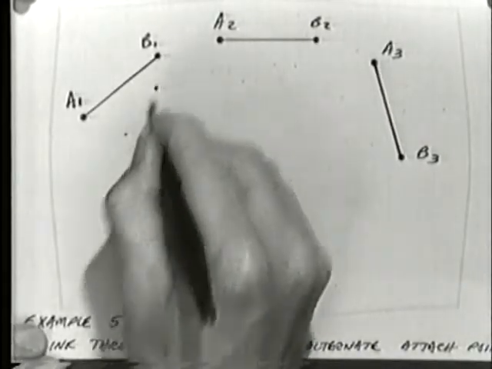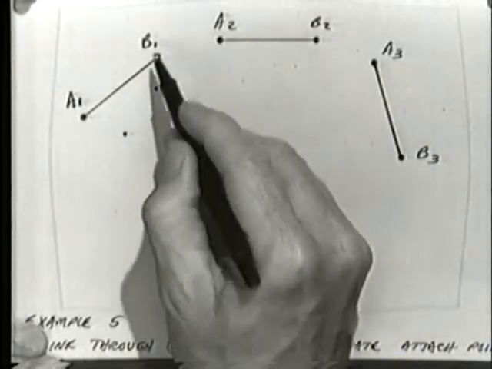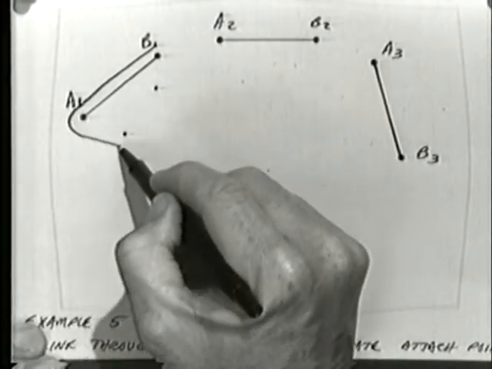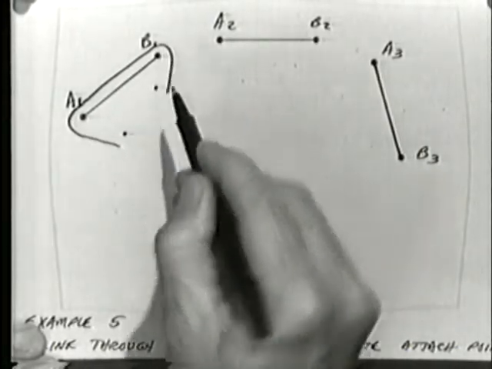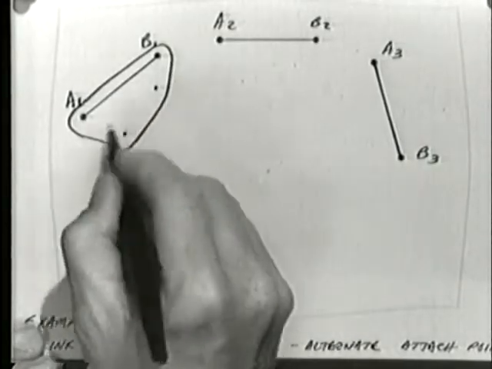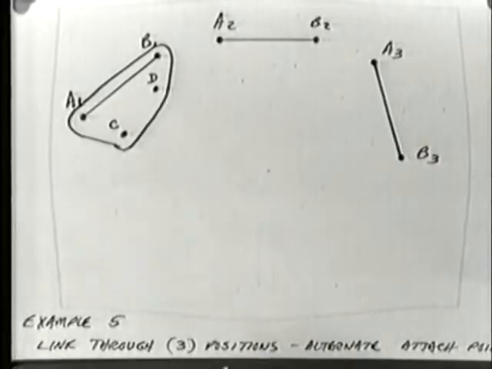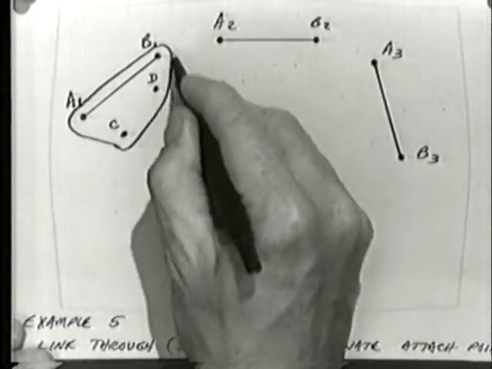What I'm going to do now is enlarge the link in any direction and to any shape that I desire to include 2 other points. Now these points are chosen largely at random. I'll call them C and D. And they have a particular relationship within the same link.